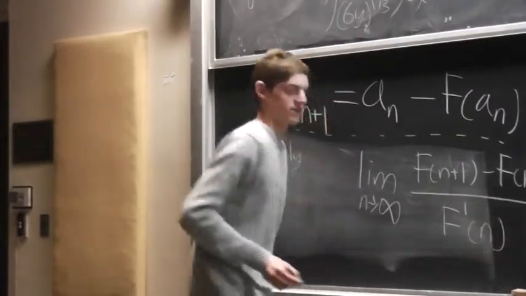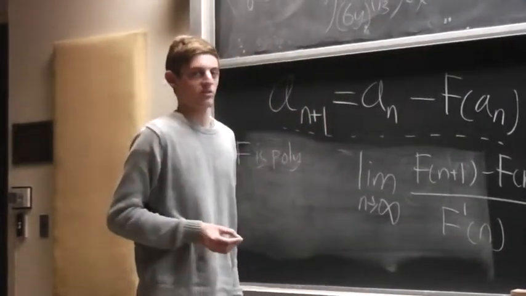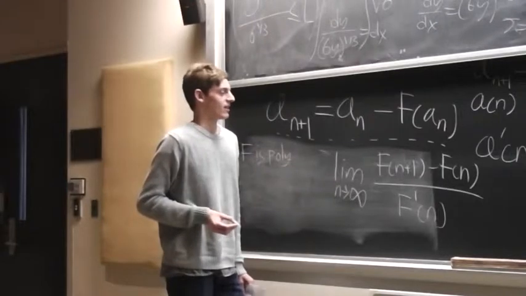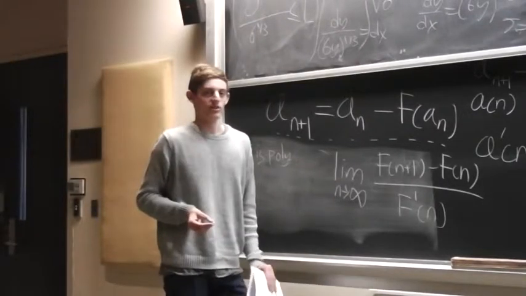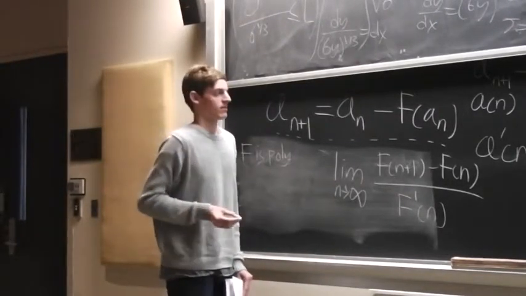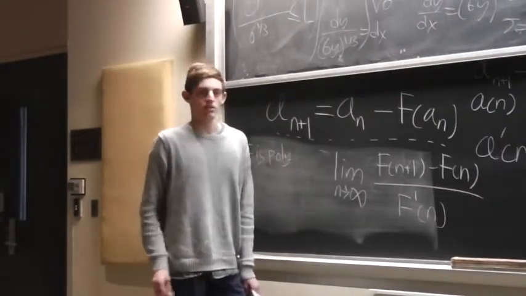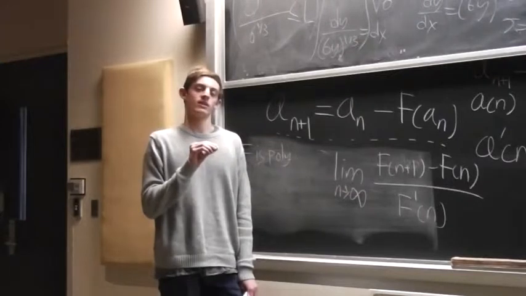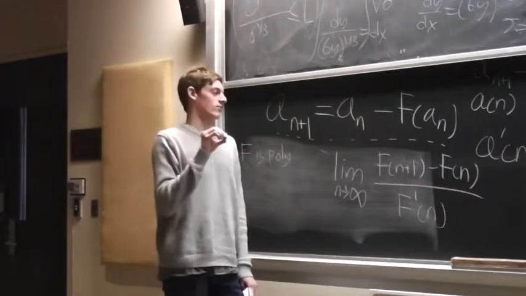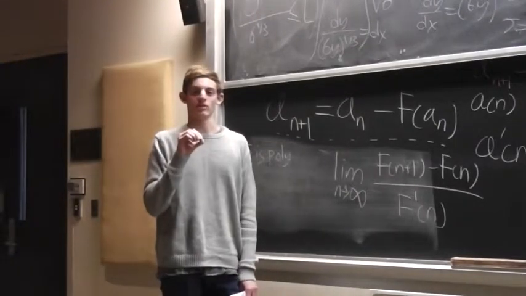Okay, so what's this limit for polynomial function f? I'll just do it for, and the proof's not more involved for other things, because polynomials are linear. So if I find out what it is for a function of the form x^k, or n^k, it should become clear.